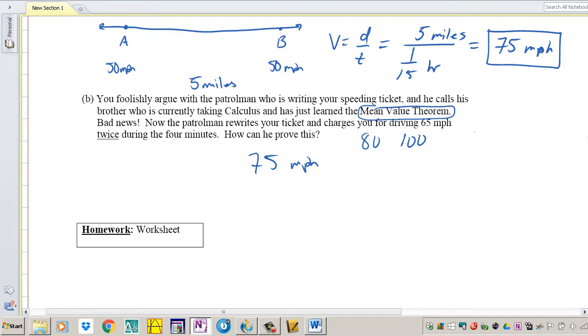So if you attained 75 miles per hour, you must have passed 65 on the way up and 65 on the way down at least one time. So that means you hit a total of two instances at which you traveled 65 miles per hour, which means you're getting 2 tickets because you wanted to argue with a cop.